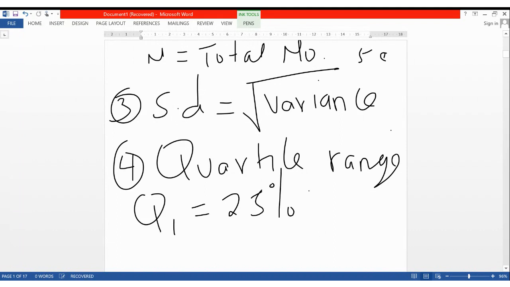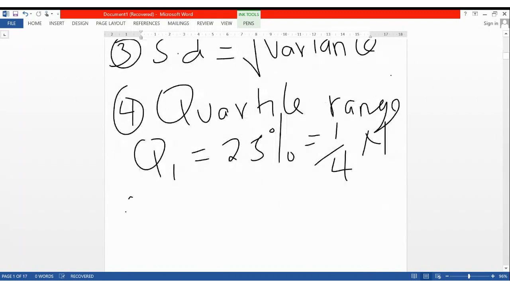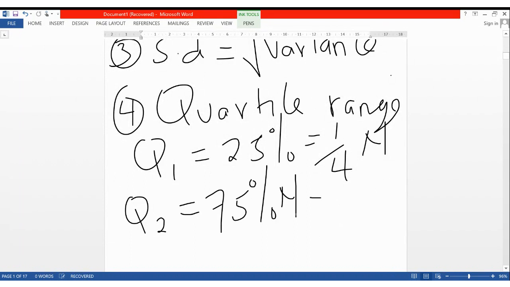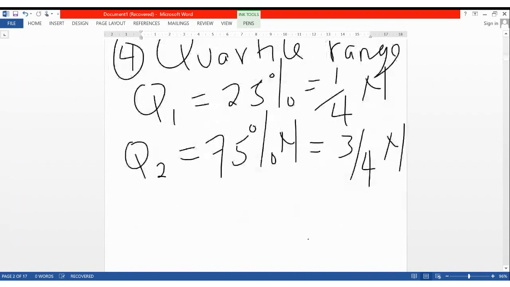And then we have Q3, that is 75% of n, the same as 3 over 4, the values that are beyond the median. The semi-interquartile range is a big name. This one will be given by a half of Q3 minus Q1. Those are the interquartile ranges that we can get for any data.